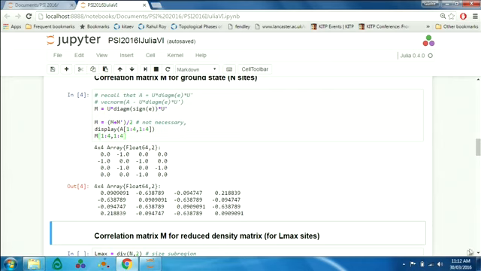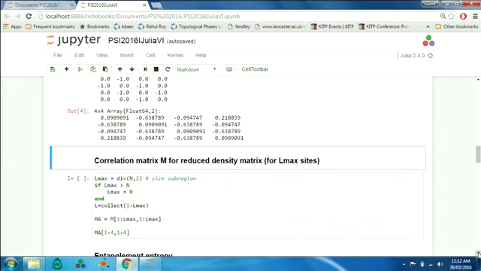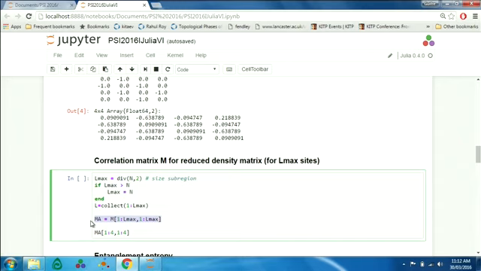Okay. And so now, how do we compute the correlation matrix for the reduced density matrix? Well, that's very simple. We just decide that we want to study, say, a region of L max spins. So we just go to the matrix M, and we define MA as a restriction, a matrix of L max times L max.